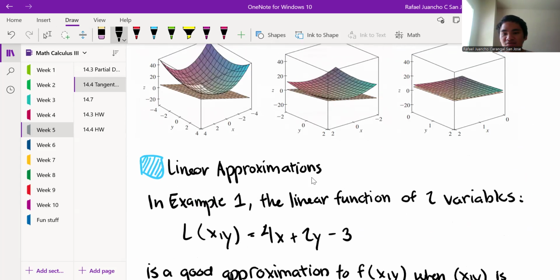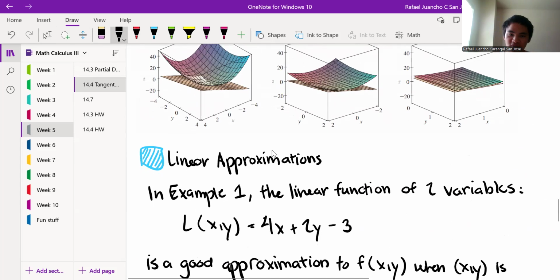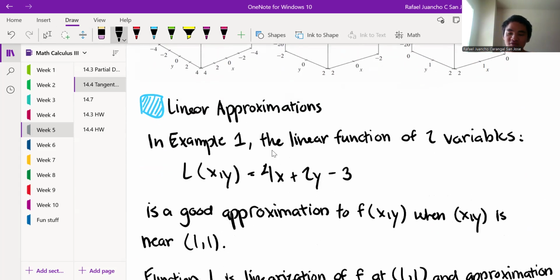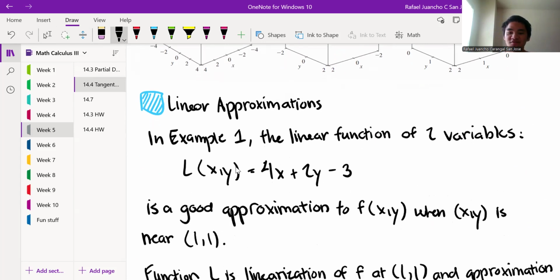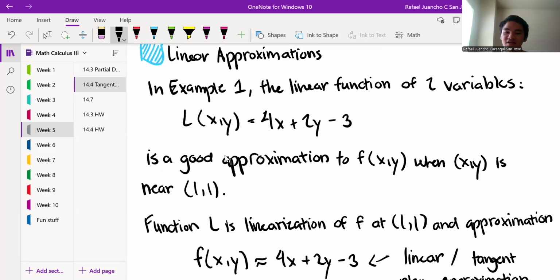So just to go back, we did talk about tangent planes. We were able to find the equation of a tangent plane given some point and the partial derivatives. And once we simplify that, we can get the linear function. And we say that it's a good approximation to our original function of two variables.